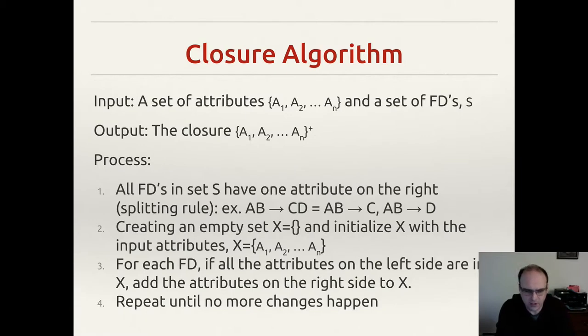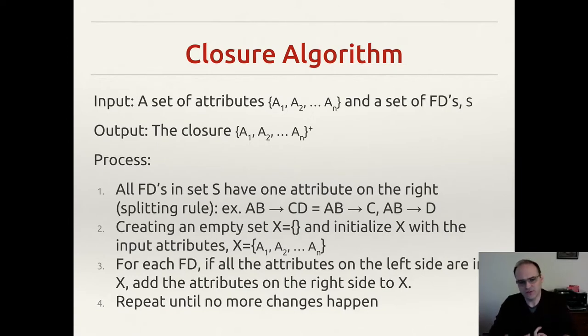Then for each functional dependency, so now imagine that we're going to enter a loop, and we're looping through the set of functional dependencies. So for all of you object-oriented programmers out there, imagine that I have a list of type functional dependency, and I'm going to have a for-in loop, and I'm going to loop through this list, and for each iteration through the loop, I'm going to look at one of the functional dependencies, right?